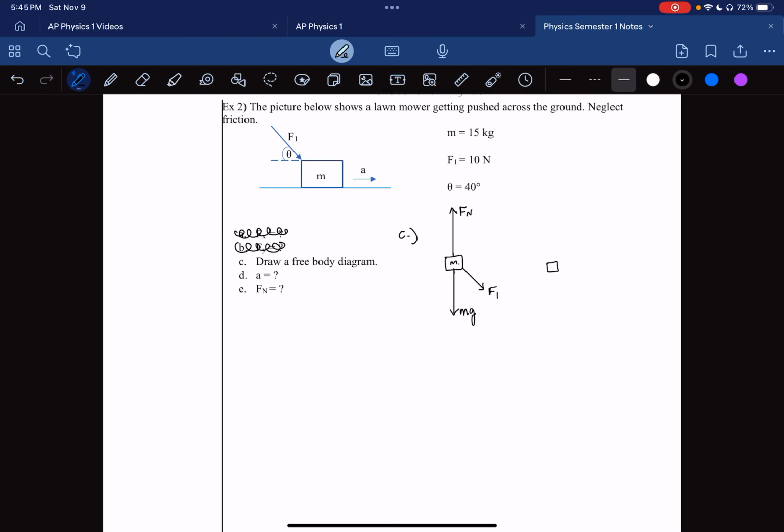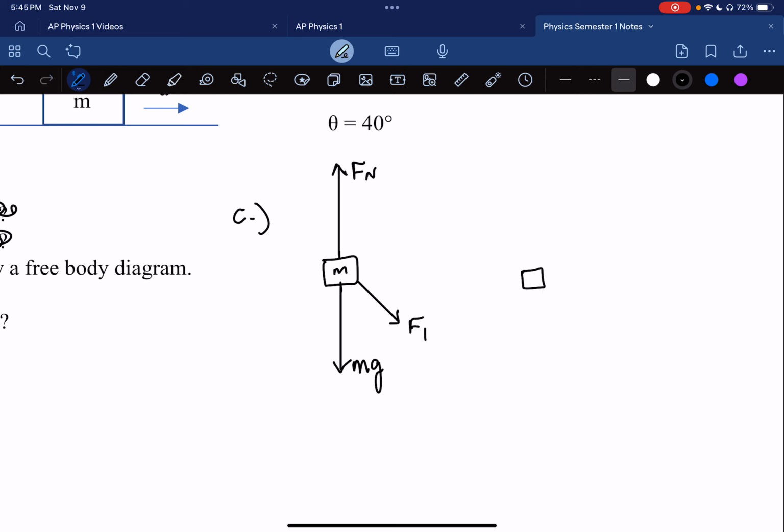Now, if we're pushing down on the object and to the right, we're going to have two components for F1. So we have a downward and a rightward component. Nothing different here.